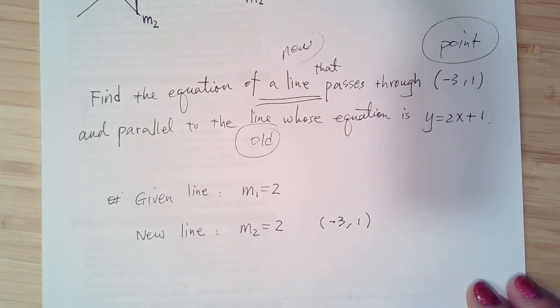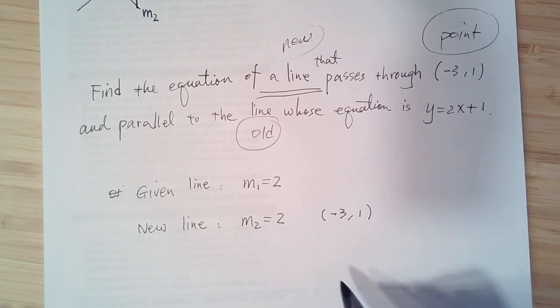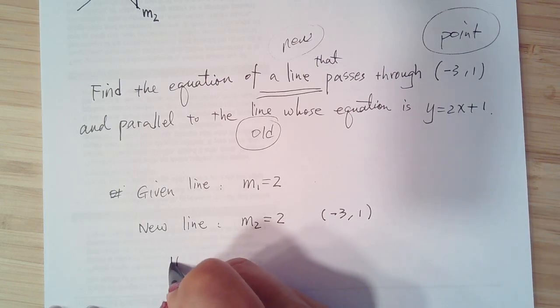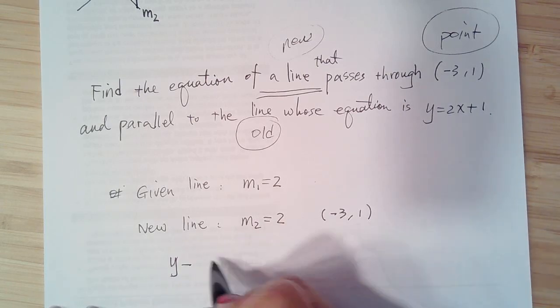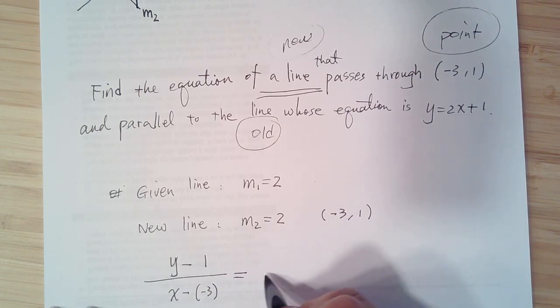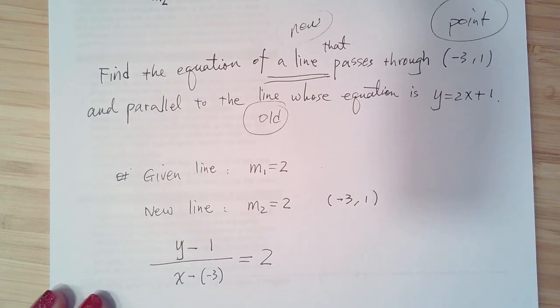So, the point-slope formula, do you remember that? It's y minus this y over x minus this x, -3, equals the slope. All right, now we simplify this.